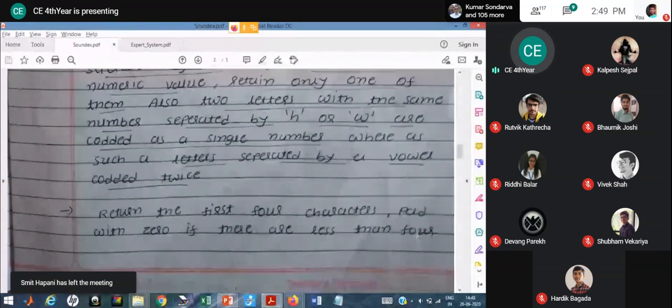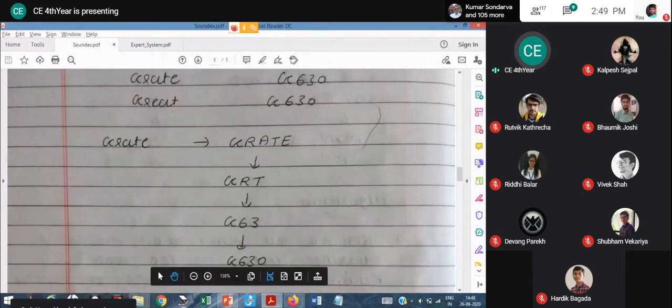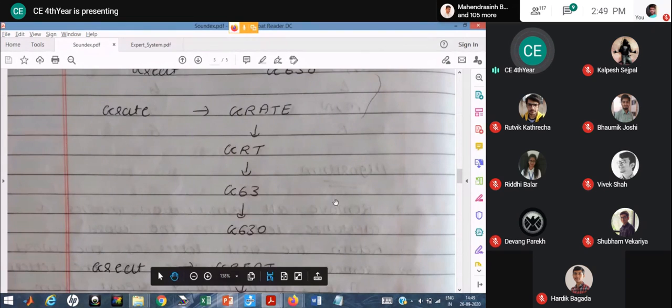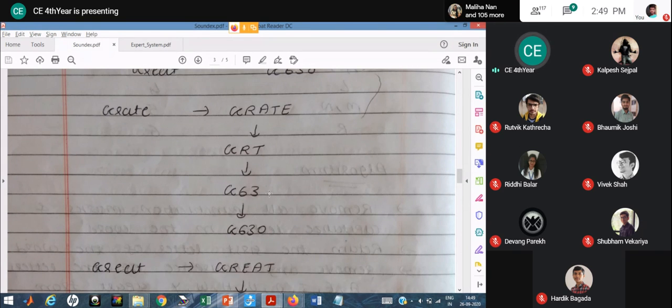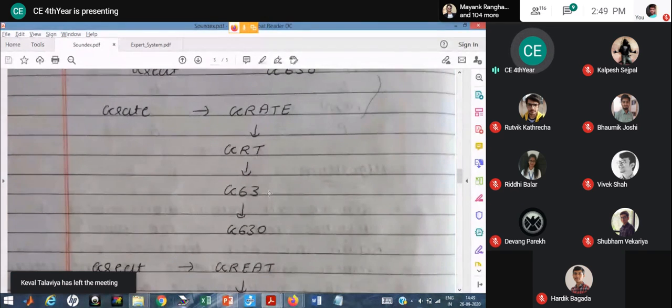So here in this example, I am getting G63, it is less than 4, so you have to pad it with 0. So remember that in the exam, most of you make the mistake of just writing G63. I will not give you marks, because the Soundex algorithm always returns 4 characters. Okay, a 4-digit code, it will return.